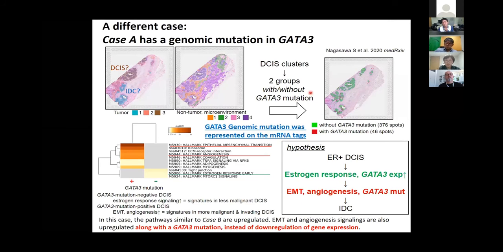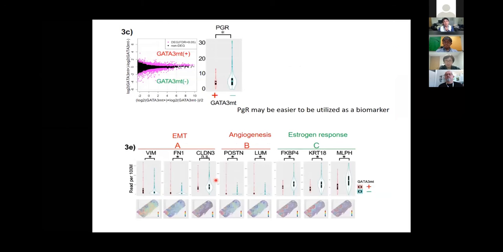So these parts show the GATA3 signature, which triggered the EMT, the enhanced expression of EMT, angiogenesis and estrogen responses. Similar things were taking place, while case B was driven by a transcriptomic change, but case A was triggered by the genomic mutation of GATA3.